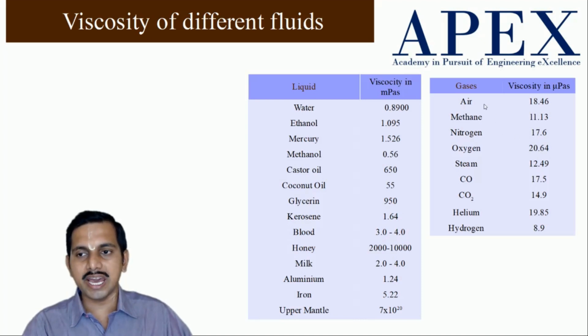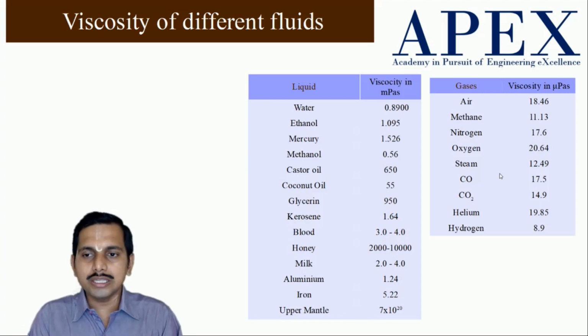You can see air's viscosity is in between nitrogen and oxygen. Air can be seen as a mixture of nitrogen and oxygen, and the viscosity of air is in between that. Steam is 12.49, carbon monoxide is 17.5, carbon dioxide is 14.9, helium is 19.85, hydrogen is 8.9.